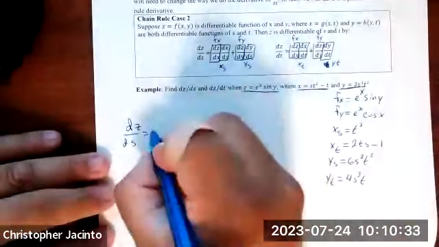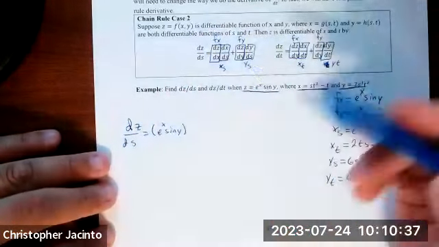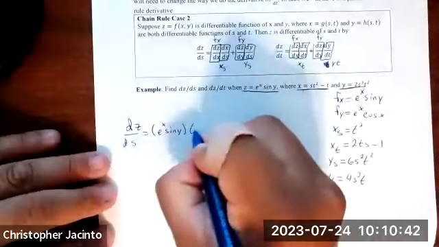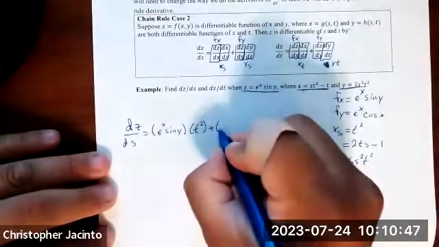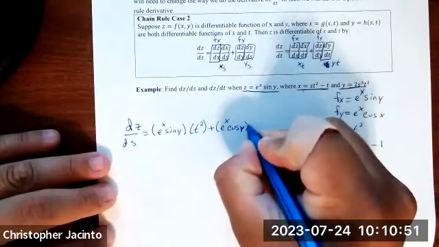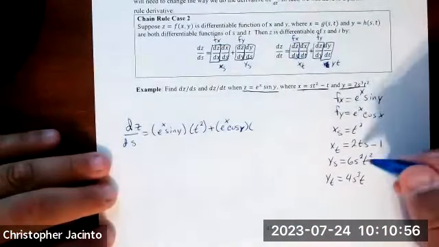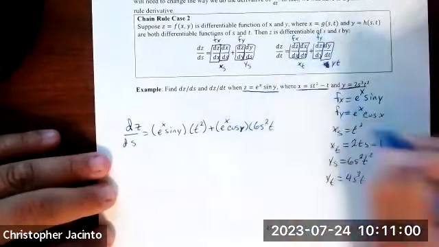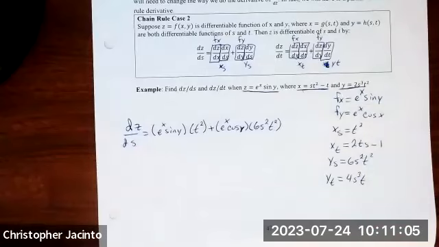So this function times x of s, plus this one times y of s. There we go. So 1 down, 1 more to go.